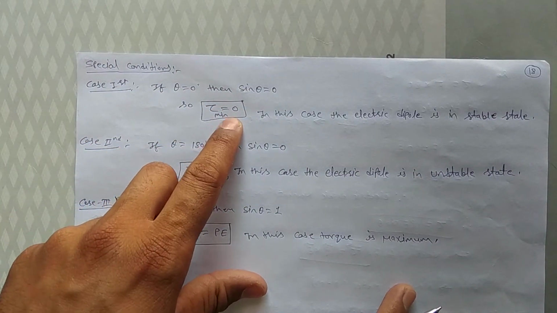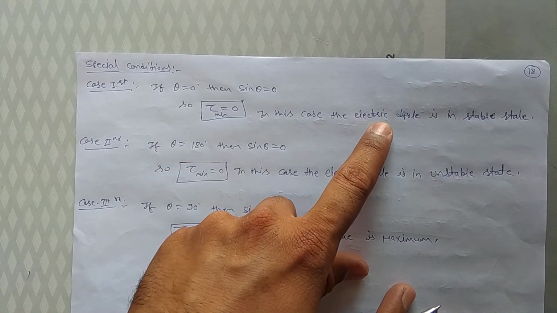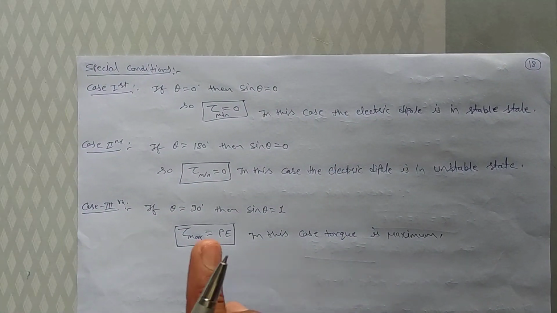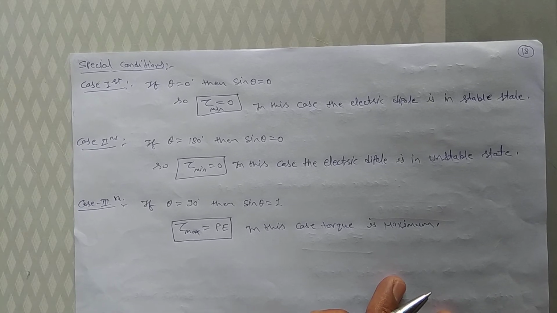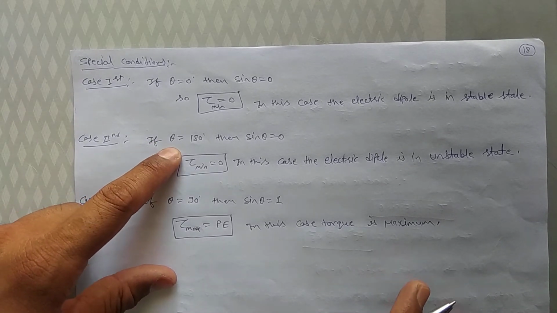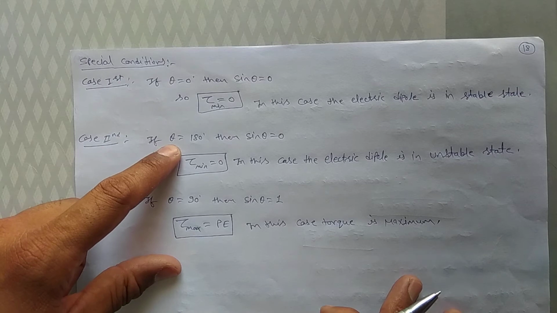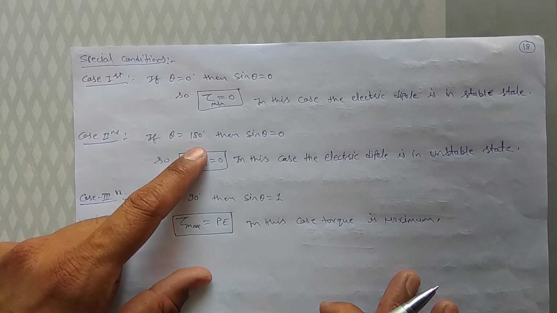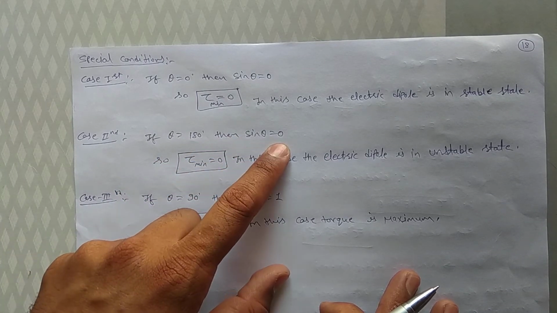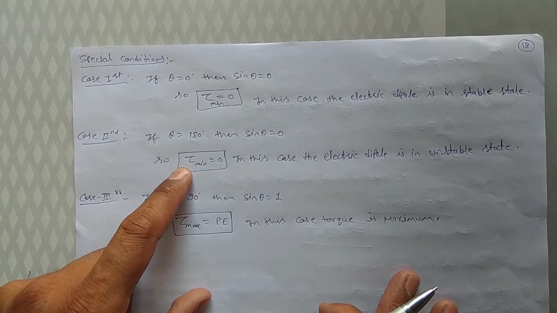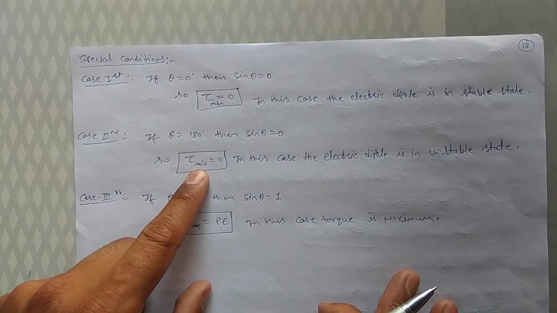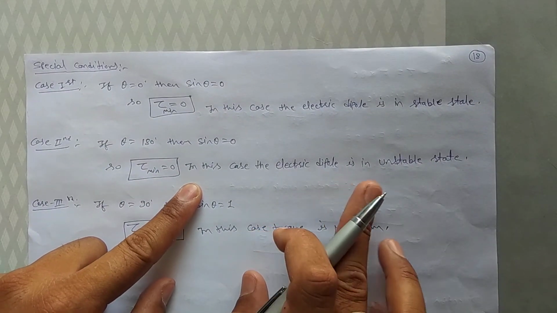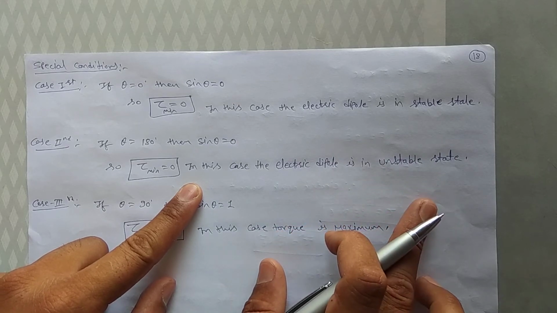This is minimum. In this case, the electric dipole is in a stable state. Case second: if theta is equal to 180 degrees, it means the direction of the electric dipole is opposite to the direction of the electric field. Then sin 180 is also 0. So tau is again 0. This is also a minimum condition. In this case, the electric dipole is in an unstable state.